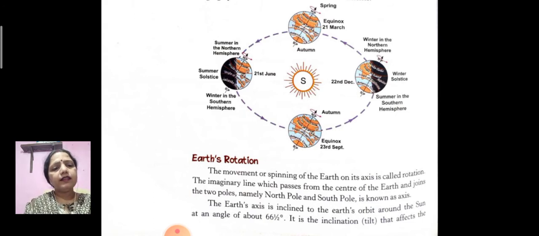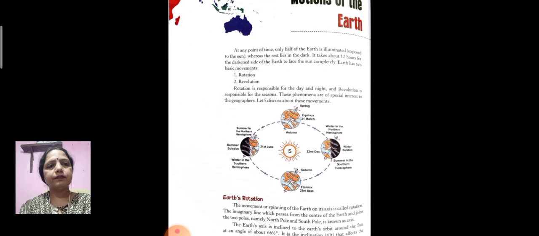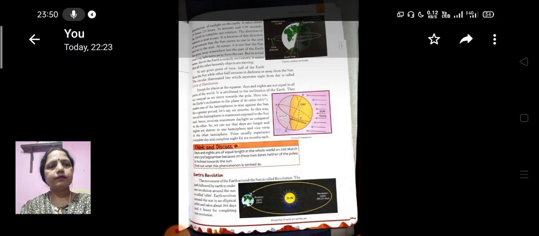The earth's axis is inclined to its orbit around the sun at an angle of about 66 and a half degrees. This inclination affects the distribution of sunlight on earth.